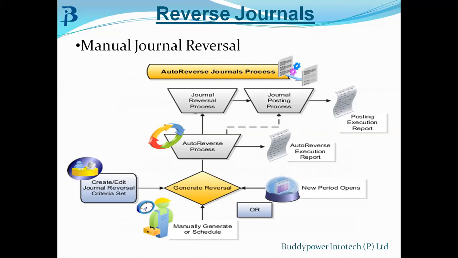On the edit journal page, you can select reverse from the batch actions menu to reverse a journal batch, or from the journal actions menu to reverse a specific journal. Tomorrow, once you see the instance, those options are there, so you can get better clarity. Then there are auto reversal journals.